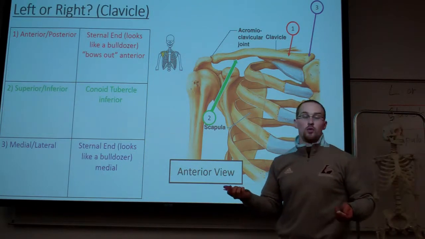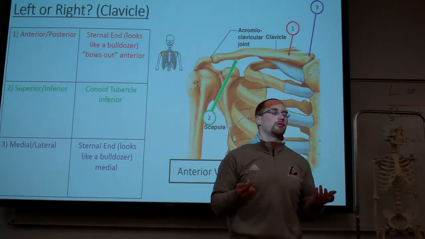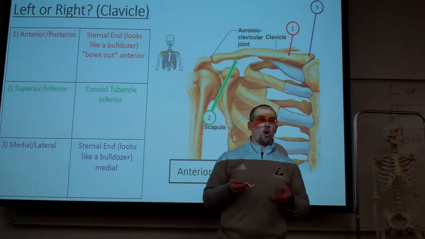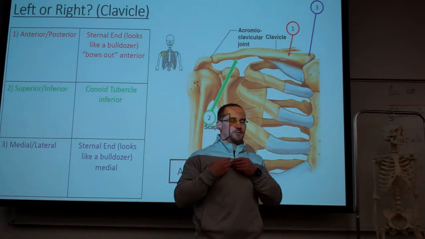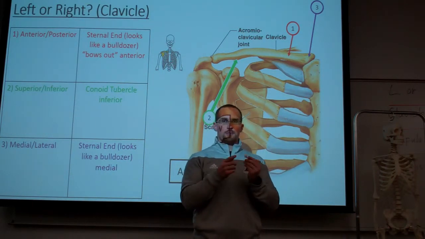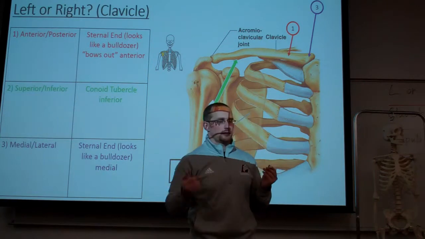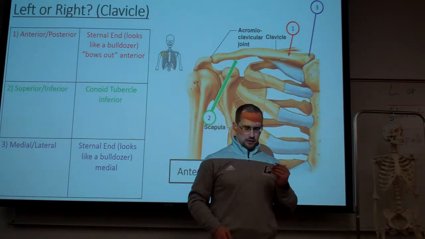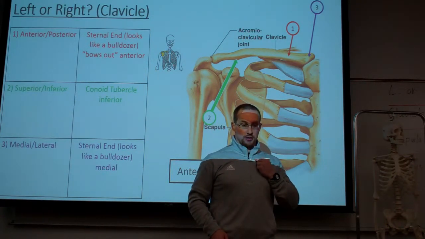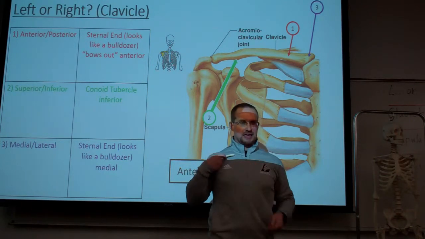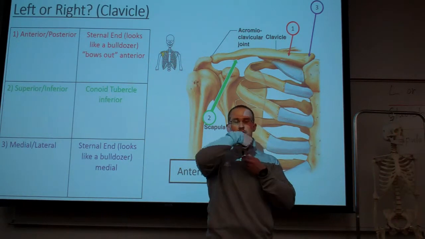A question on the quiz will be: do we have a left or a right clavicle? I would suggest holding it up to your body. First, I want to find my sternal end. I know my sternal end is medial, so it's either going to be here or here.